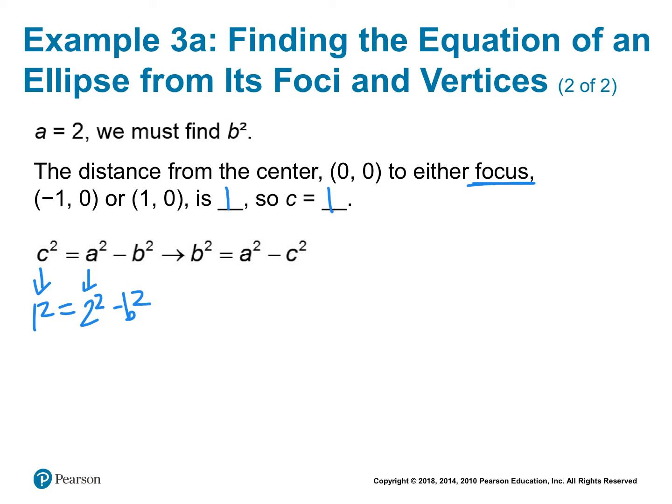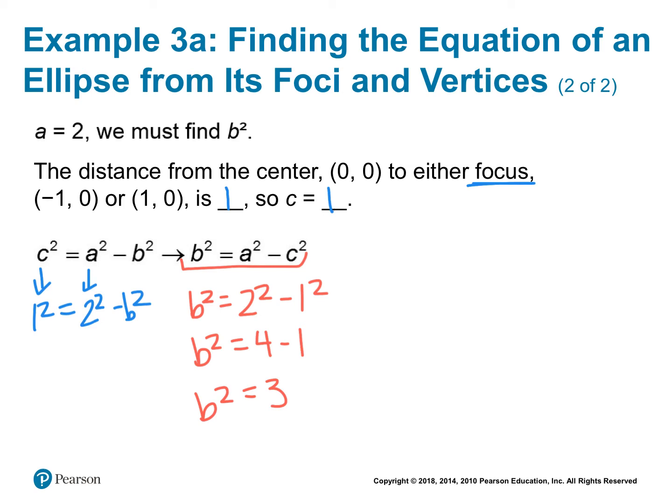So then you could rearrange it that way, or you could start here. We know b squared is going to be a squared minus 1 squared. So either way you're going to get that, but we'll just do this one because it's already rearranged. So b squared equals 3.